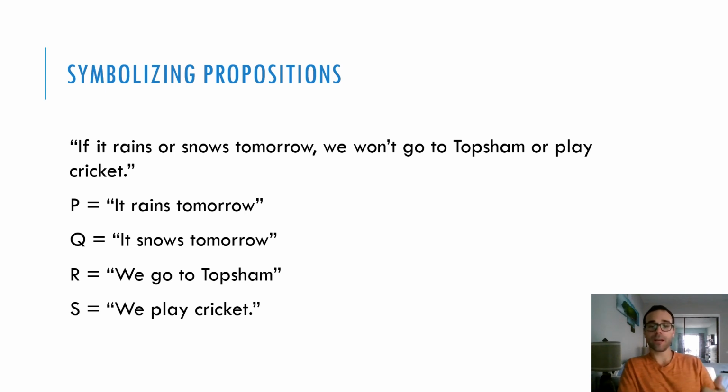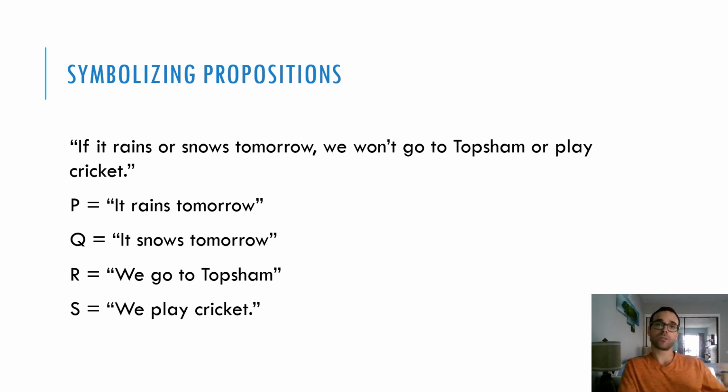So here we might see that the sentence begins with an if-then statement, and therefore we know that there's going to be an arrow, there's going to be a conditional in here. In addition, we see the word or, so it signifies a disjunction, and then we see another or that will signify another disjunction.